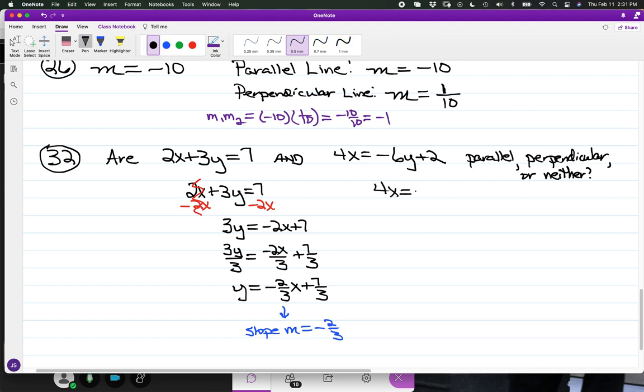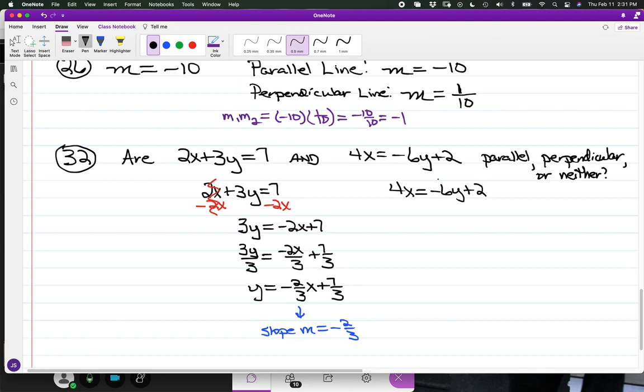Now, for 4x equal to negative 6y plus 2, you have the y term on the right-hand side of the equation, so I'm just going to isolate this. I'm going to take 2 away from both sides, so you have 4x minus 2 is equal to negative 6y. Then we divide by negative 6.